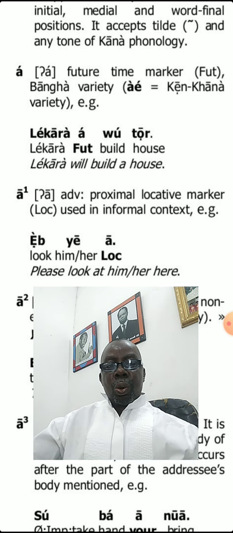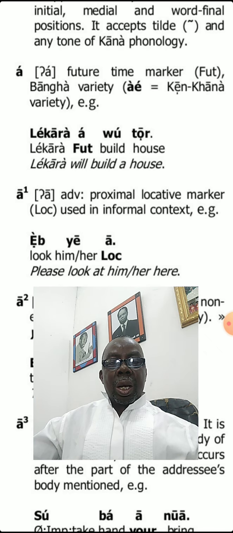For example, look at the sentence, yeah. In the translation, you have look him, her, here. Look him, her, here, which is a direct equivalent of the meaning of each word that is in the first sentence, which is the first sentence in Kana.